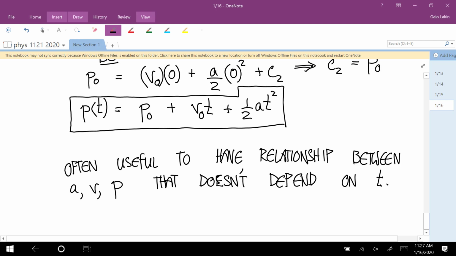So we're going to use the equation from 1 and the equation from 2 and just eliminate time.